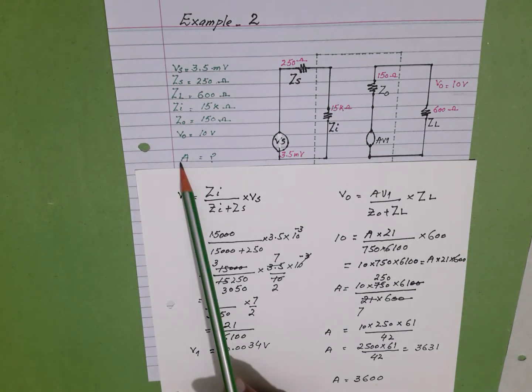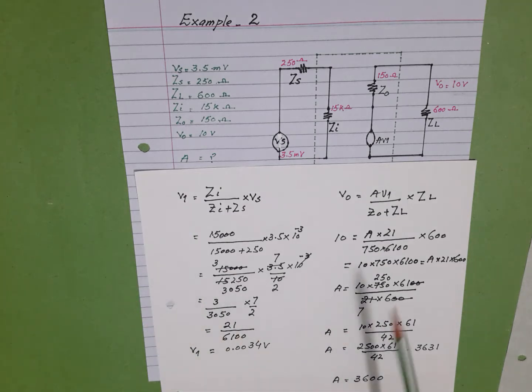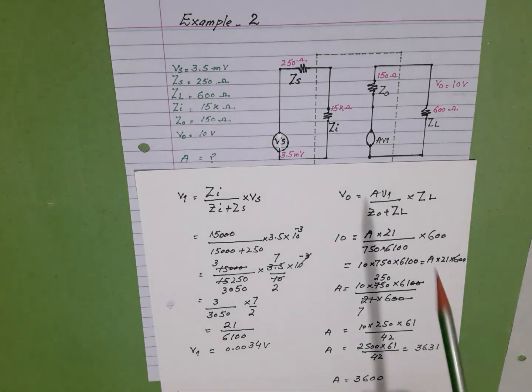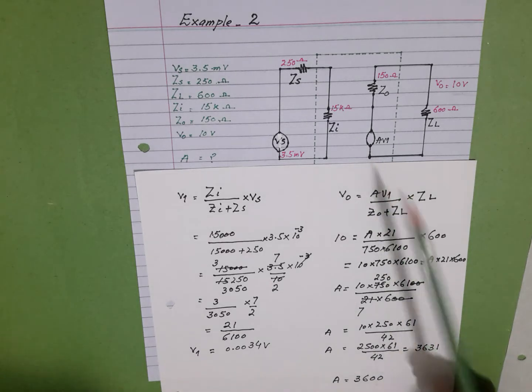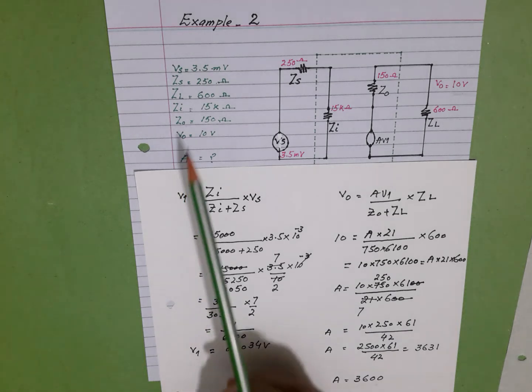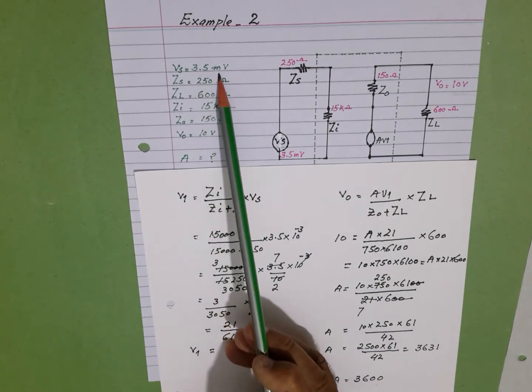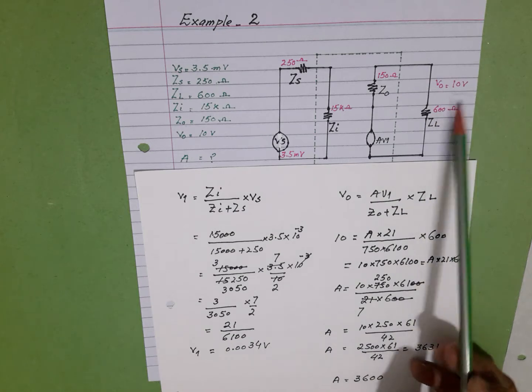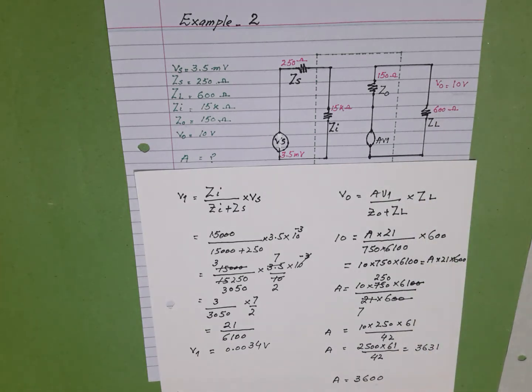We were to find out A. We found that A is 3600. If we can buy an amplifier whose gain is 3600, then with this specification it is going to amplify 3.5 millivolt into 10 volt.